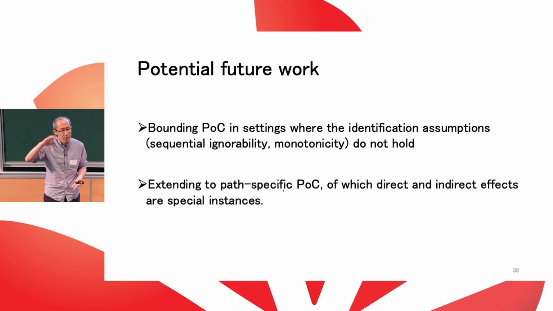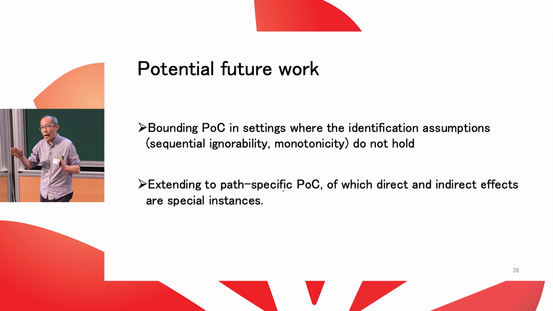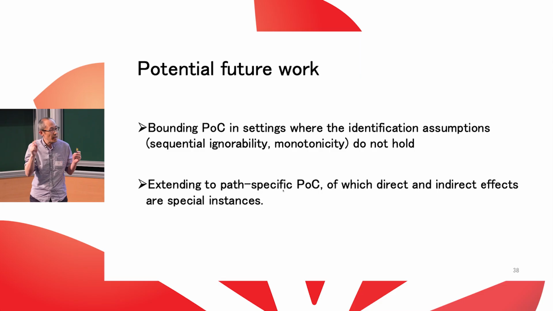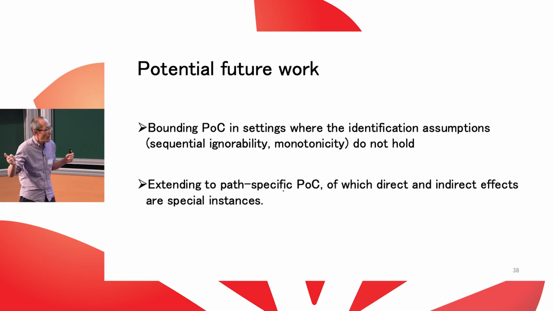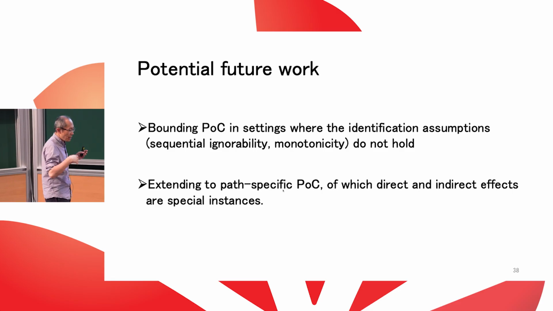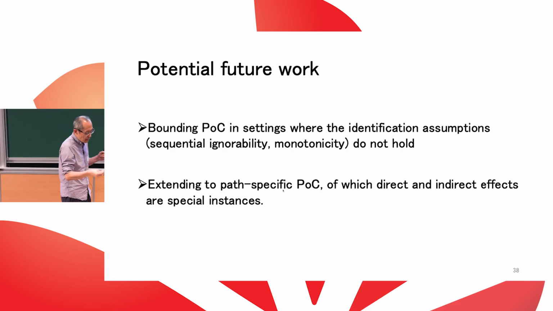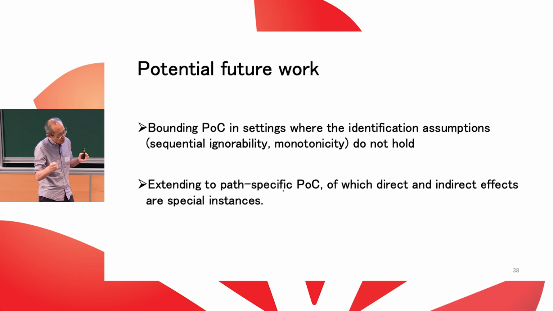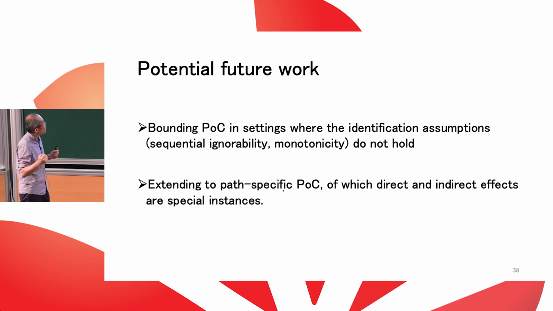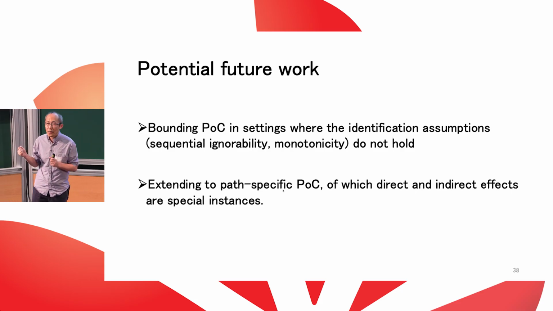You can think about a very complex causal graph. You are only interested in a very specific causal path from X to Y. How do you generalize this concept to define, say, POC for those kinds of path-specific POC? That's also an interesting future research direction.